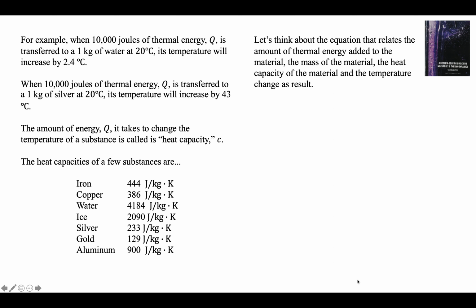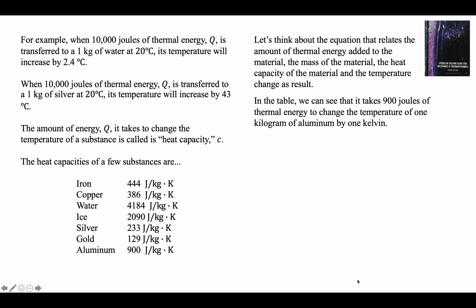So let's think about the equation that relates the amount of thermal energy added to the material, the mass of the material, the heat capacity of the material, and the temperature change as a result. In the table, the last item, aluminum, takes 900 joules per kilogram per Kelvin. So it takes 900 joules to change 1 kilogram of aluminum by 1 Kelvin.